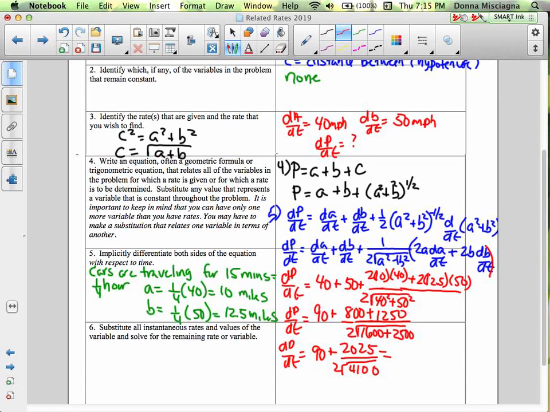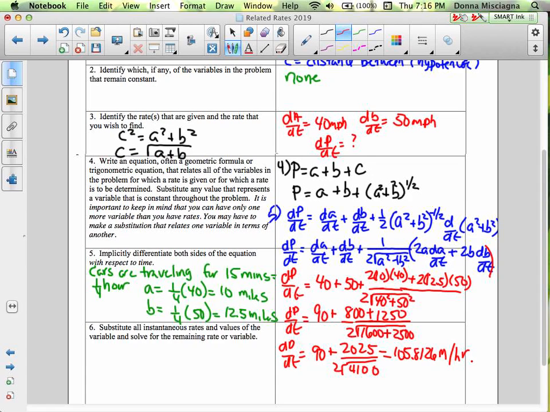All right, I'm trying to hold this and a microphone at the same time. So then I've got that value divided by the denominator, and then plus 90. And our final answer is 105.8126 miles per hour. There we go.